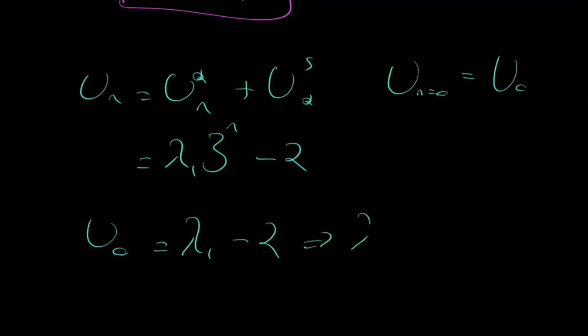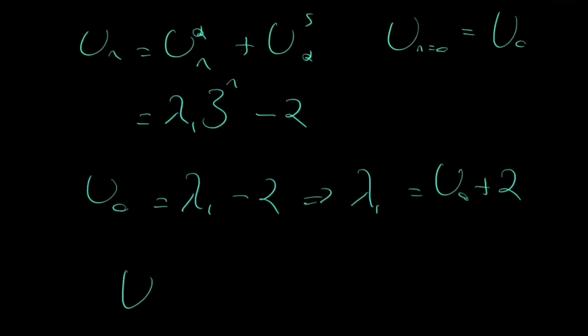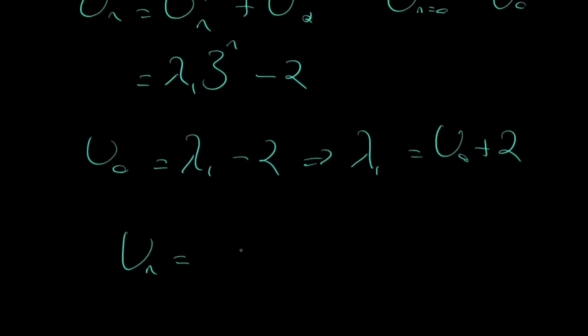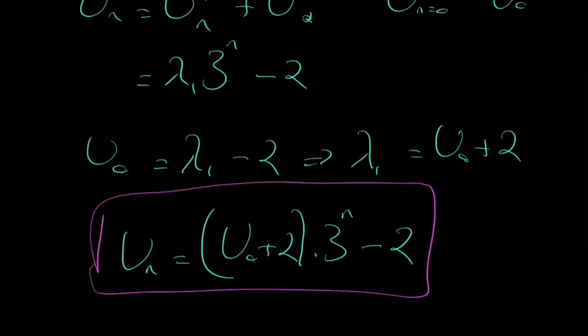It implies that lambda 1 is equal to u_0 plus 2. So we conclude that u_n is equal to (u_0 plus 2) times 3 to the nth power minus 2. This is a method that always works.